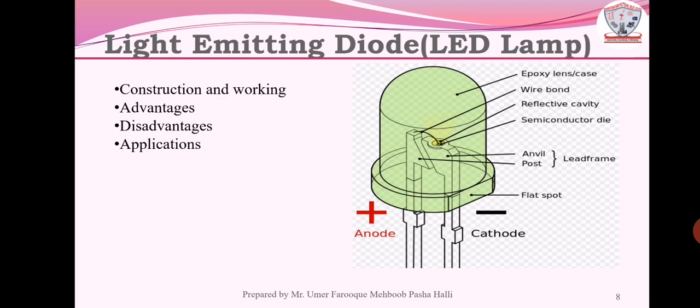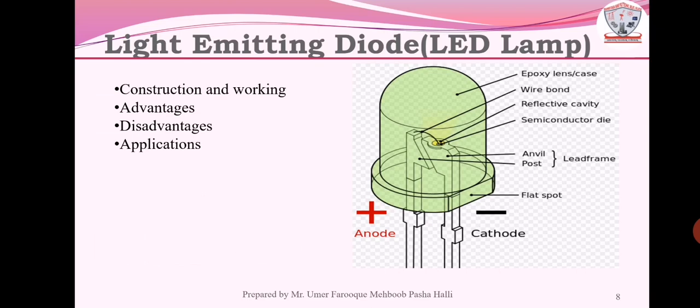The advantages: low power consumption, long life, starts quickly, less self heating, small in size and weight, more energy efficient, no damage due to external shock, etc. Disadvantages: a stable voltage source is required, initial cost is more, life is affected due to voltage fluctuation.